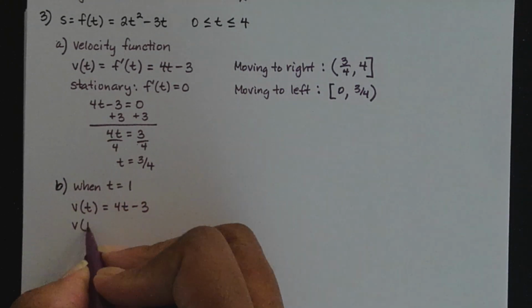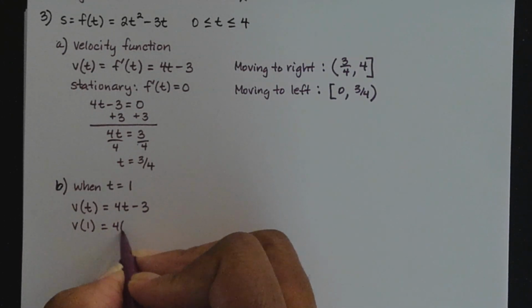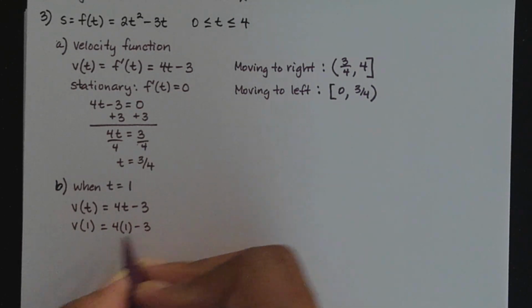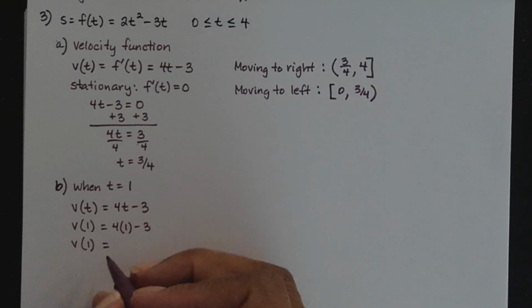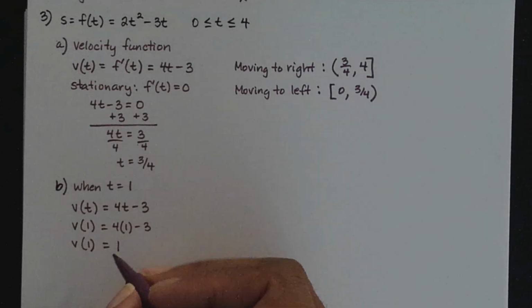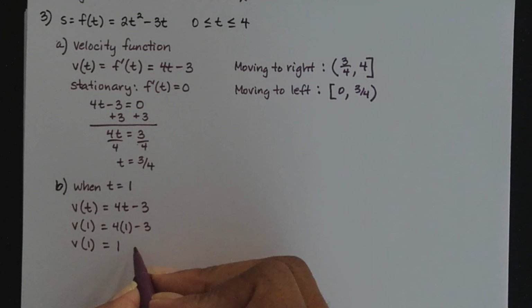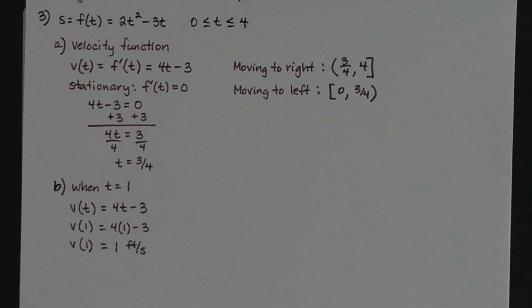And then at 1, that's going to be 4 times 1, minus 3. And what's 4 times 1 minus 3? 1. Since our units are in feet per second, the velocity will have to be in feet per second. So at t is equal to 1, the velocity there will be 1 foot per second.